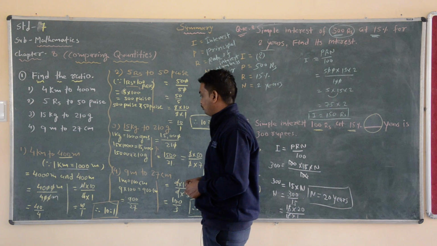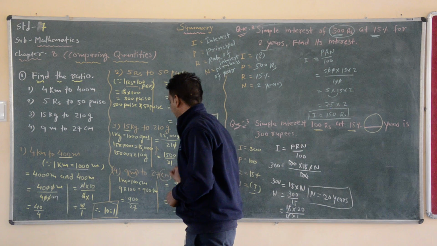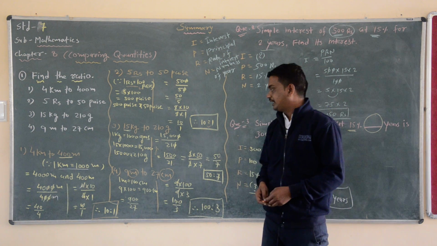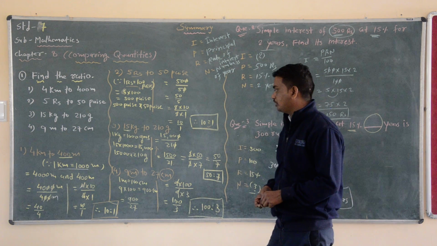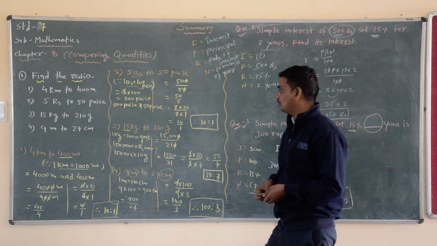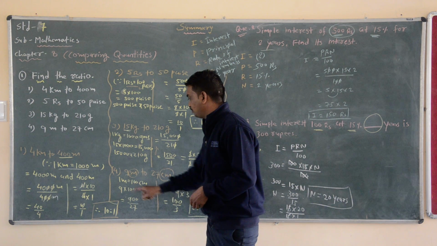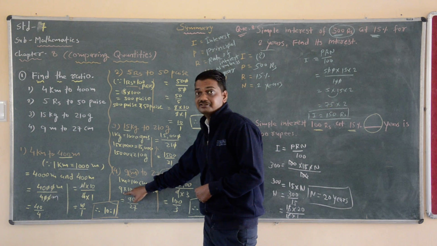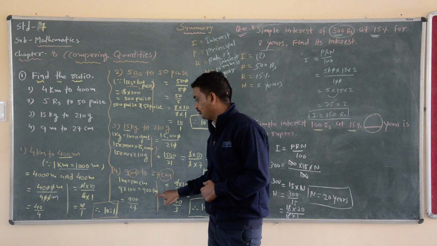The last and final one is 9 meter to 27 centimeter. As we know the relation between meter and centimeter, 1 meter is equal to 100 centimeter. Here we are given 9 meter. Since 1 meter is equal to 100 centimeter, 9 meter is equal to 9 multiplied by 100, which is 900 centimeter.